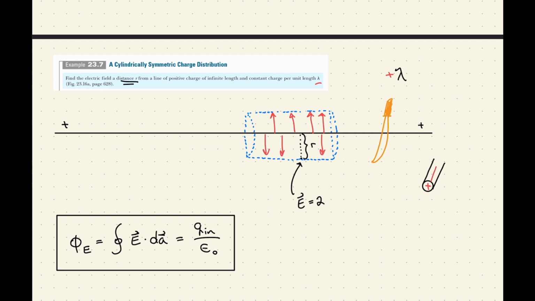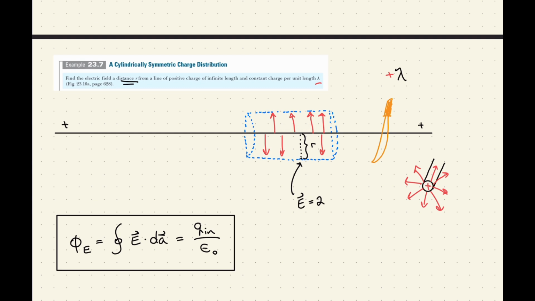The electric field is coming out of the wire in radial directions like this. If you're looking at the wire head on, from the cross section, it'll look like this. But if you're looking at the wire from the side, you will see the electric field just coming out like this. Maybe you'll see some electric field lines coming out directly at you, and some other field lines going backwards into the screen.